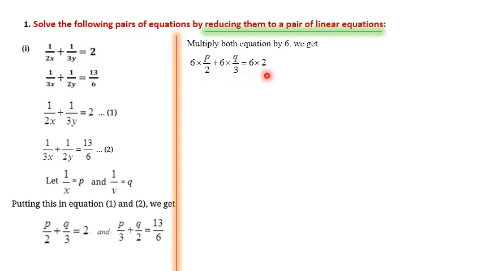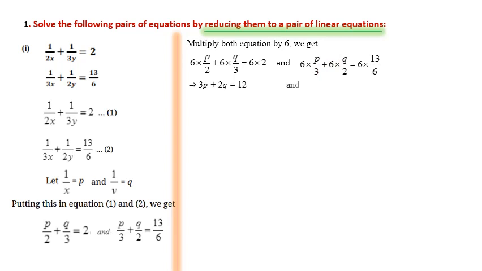Then next equation becomes 6 into p by 3 plus 6 into q by 2 equal to 6 into 13 by 6, substituted here. Then just to cancel it, 2 and 6 will be cancelled and we will get 3, here 3, 6 will be cancelled, we'll get 2, and here also 3 and 6 we can cancel, and 2 and 6 we can cancel.